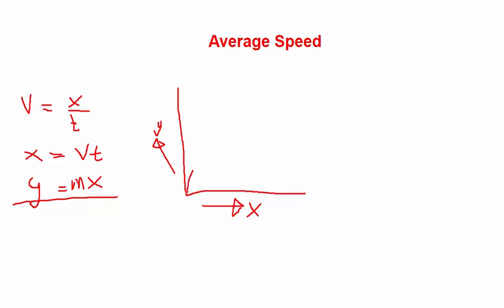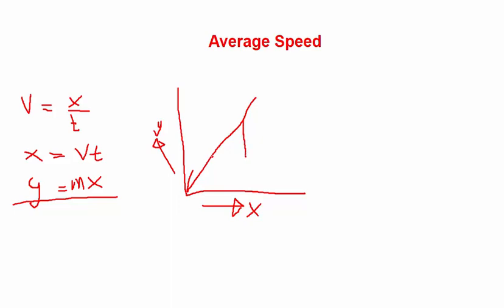Oops, let me draw it, see if I can. It'll be a straight line, not like this. I'm using my mouse to draw it, so it will be a straight line passing through the origin. And if you measure the slope of this graph, what does the slope mean?